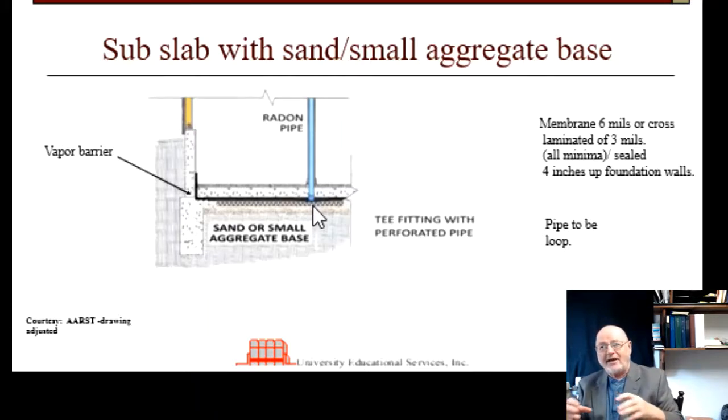So we need to make the pipe available for the radon in a larger region, which is the reason for the pipe running all along the perimeter. And we're going to put that pipe in a trench. And I'm going to talk about the size and the shape of the trench next. It's not particularly difficult.